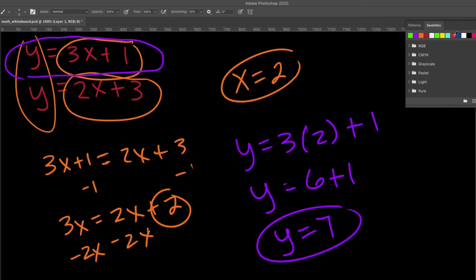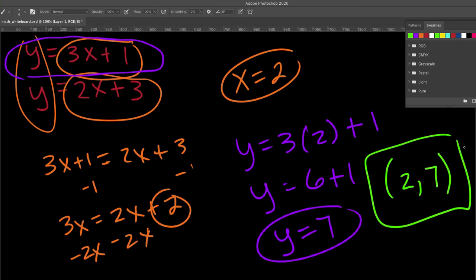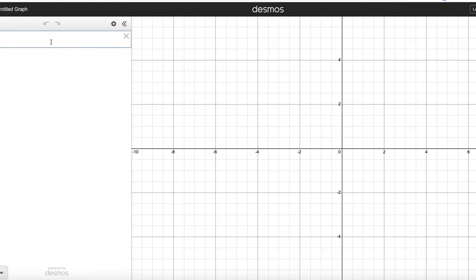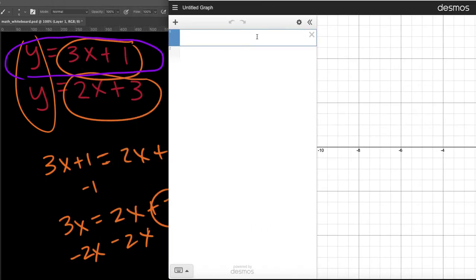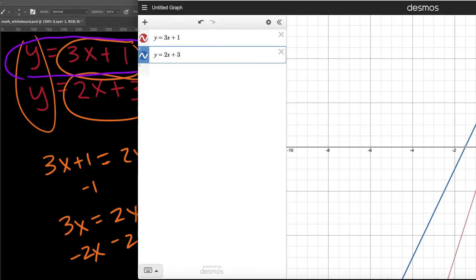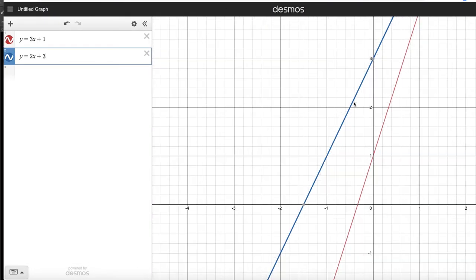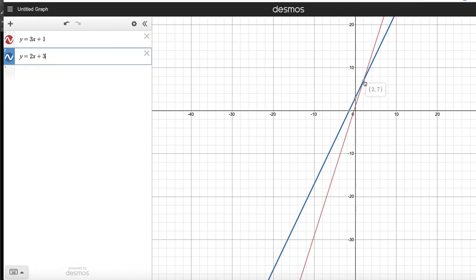The final thing that I want you to do is write it as an ordered pair, x comma y, and that's how we're going to represent our answer. Now if we go over to Desmos and we type in those two equations, we can see that they cross in one spot, and that spot is 2, 7.